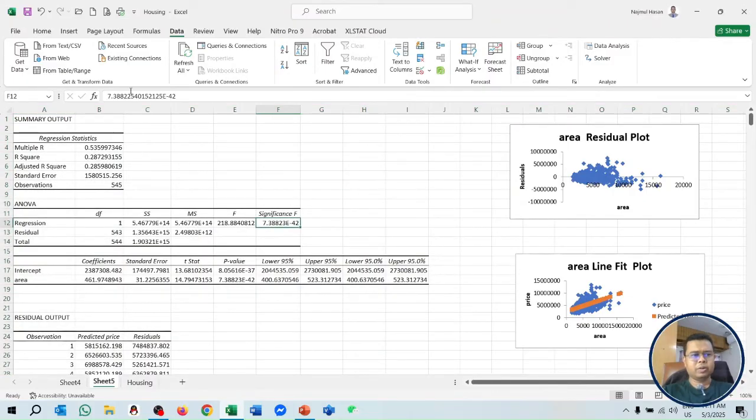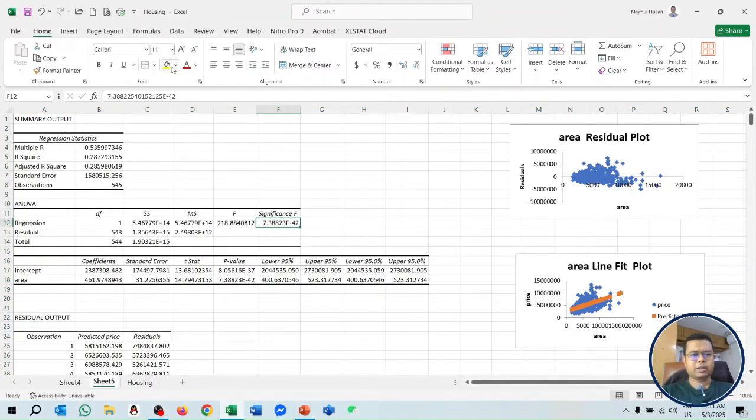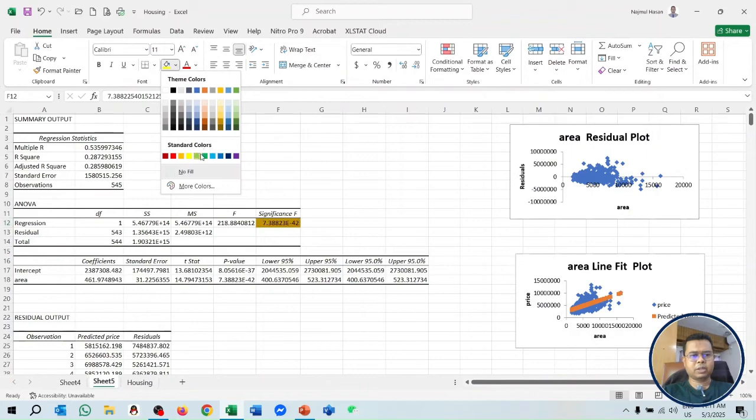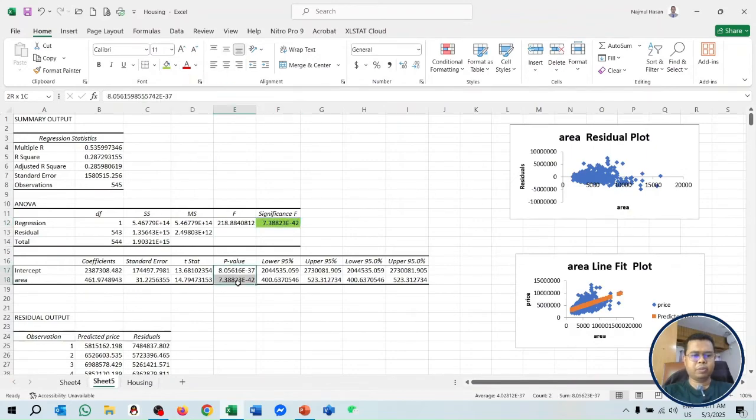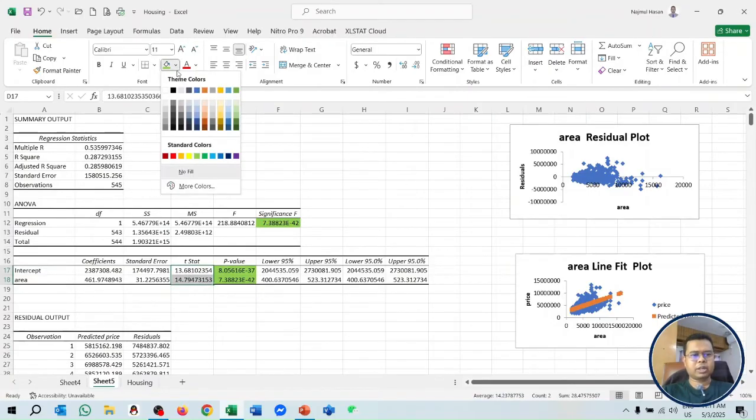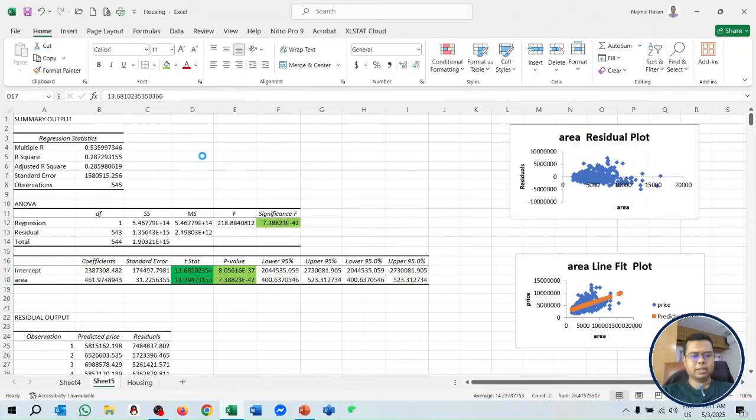So our value is less than 0.05, it means it's quite good. On the other hand, the p-value is also less than 0.05 and the t statistics are also greater than 1.96. So it's quite good, right?